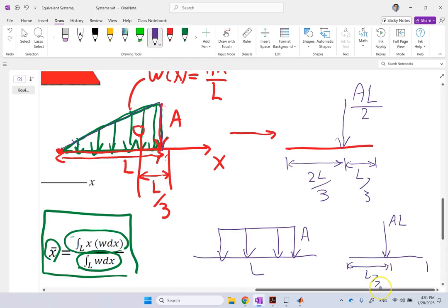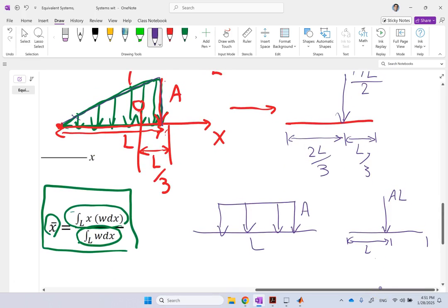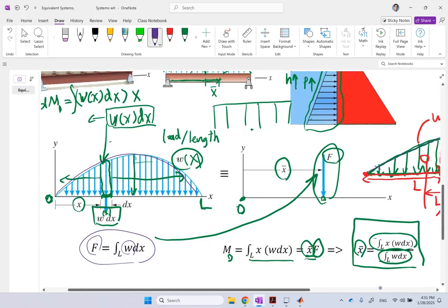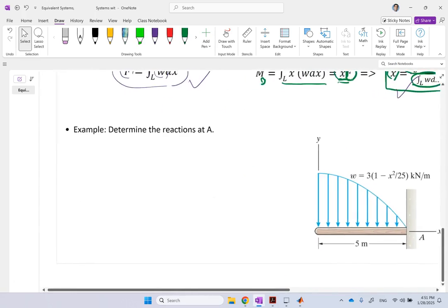So for simple scenarios, replacing a distributed load with a single load at a single location is extremely easy. But if this W is any other function other than constant or linear, you have to use these two formulas, this one and this one, to find the equivalent load and the location of the equivalent load.